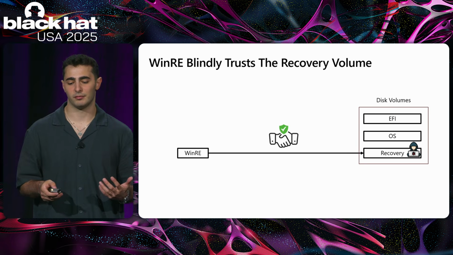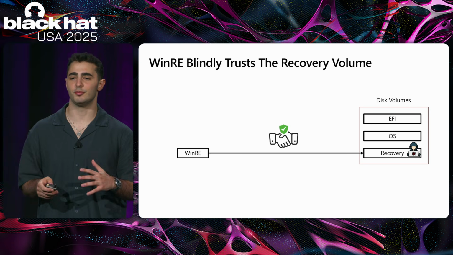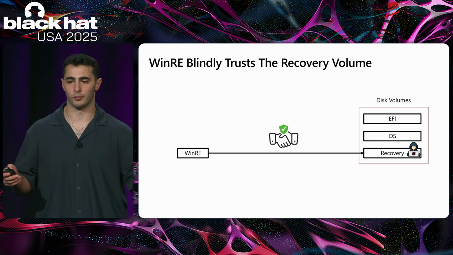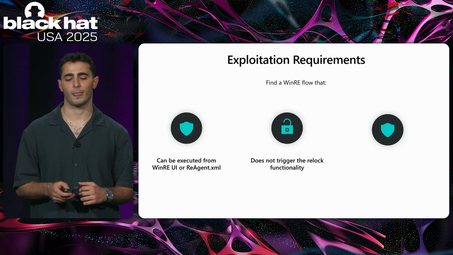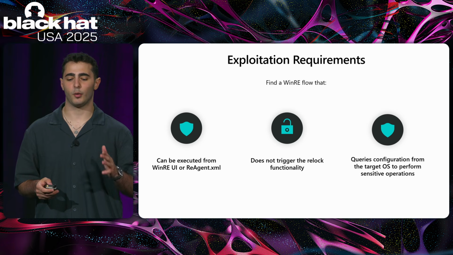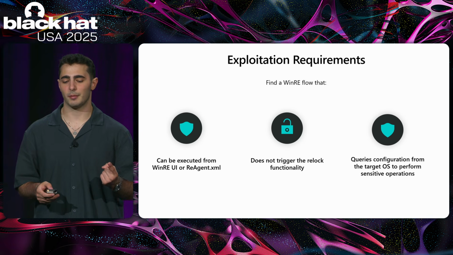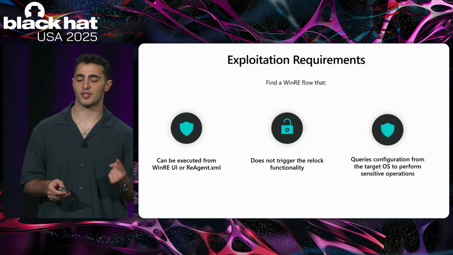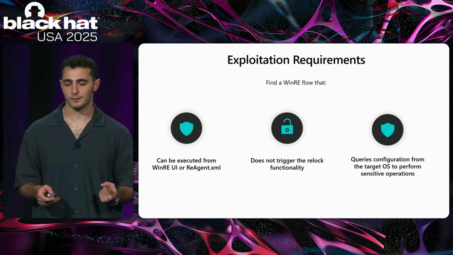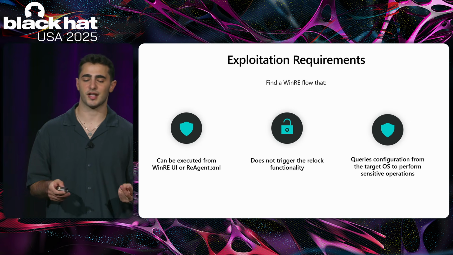And with this primitive, any configuration that WinRE retrieves from the target OS, previously assumed to be beyond an attacker's reach, is now entirely under the attacker's control. To further exploit this powerful primitive, we need to find a WinRE flow with three characteristics. First, a flow that can be triggered either from WinRE UI or ReAgent.xml scheduled operations, so that we're able to trigger this flow freely. Second, a flow that doesn't trigger the relock functionality, so that we won't lose access to the secret.